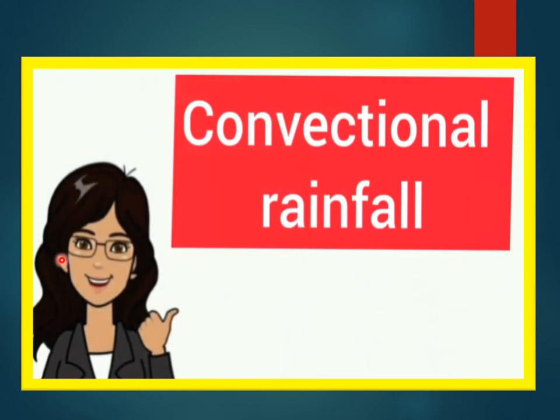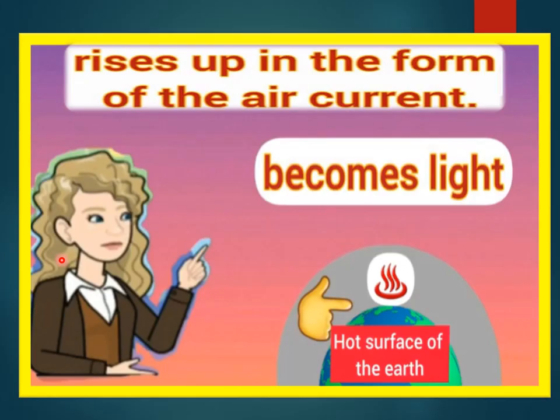So the third type is the convectional rainfall, which is normally found in the equatorial regions. Now this is a simple rainfall. When Earth's surface becomes very hot, hot air rises, becomes light and goes up to the higher altitude where it cools.